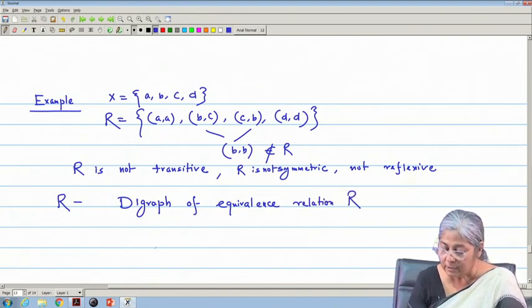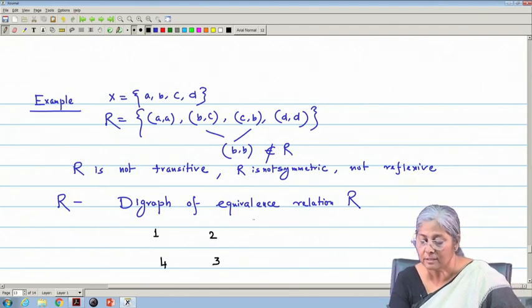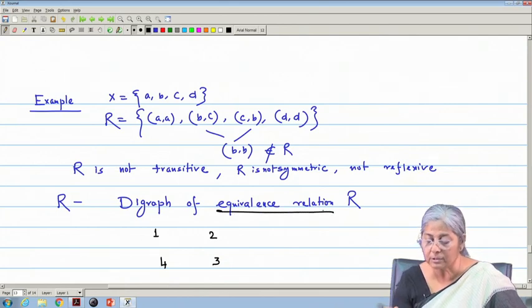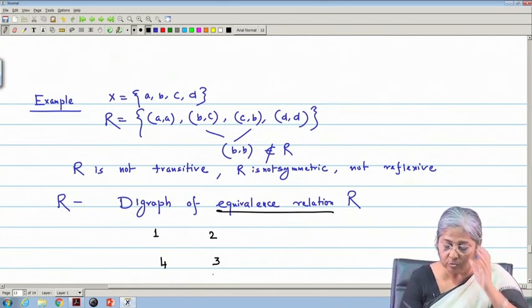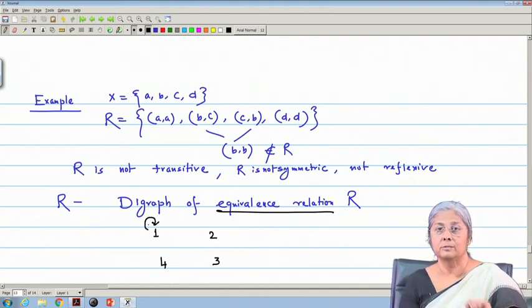So, first thing is, say I have 3 elements I am considering. Since it is an equivalence relation, first thing it must be reflexive. So, there must be a loop on every vertex.